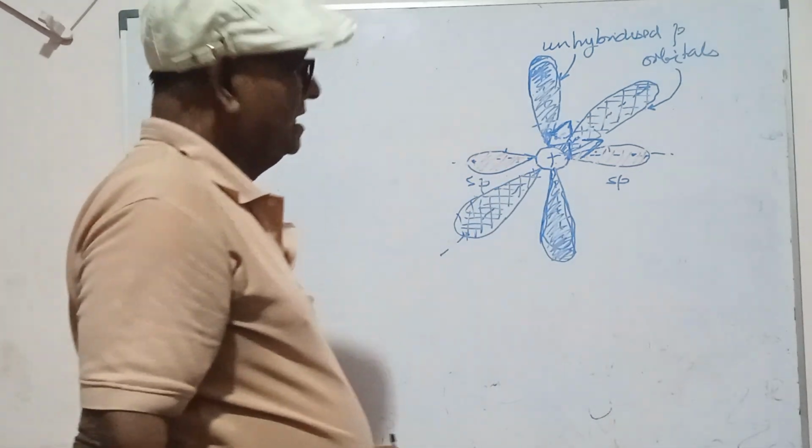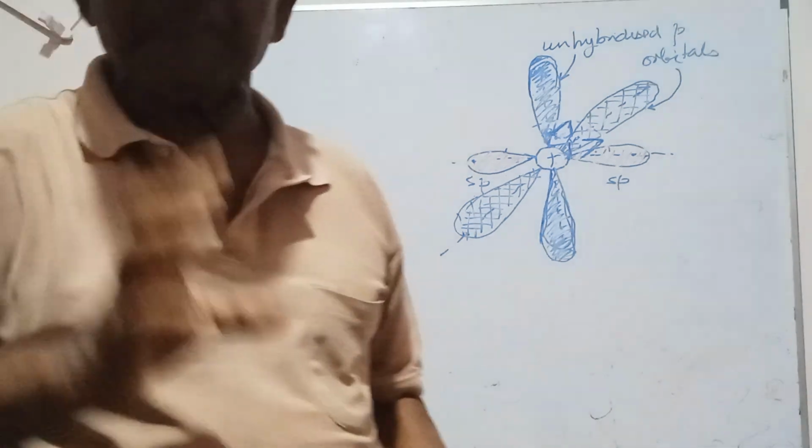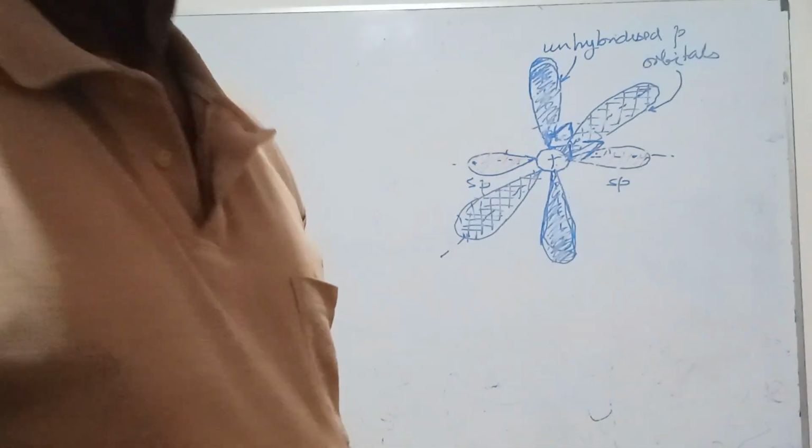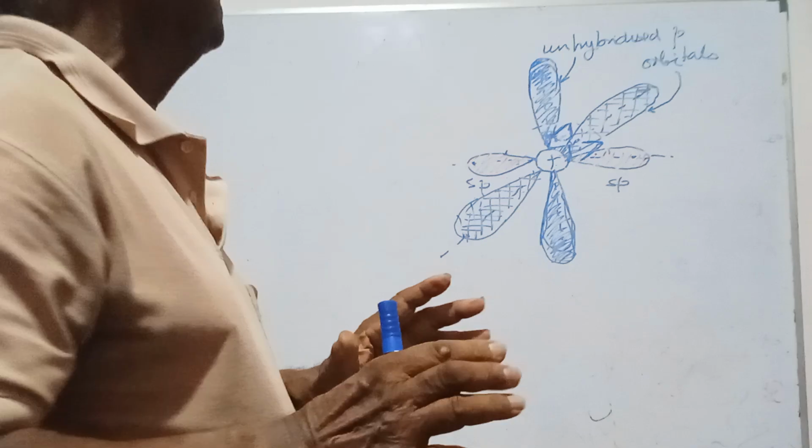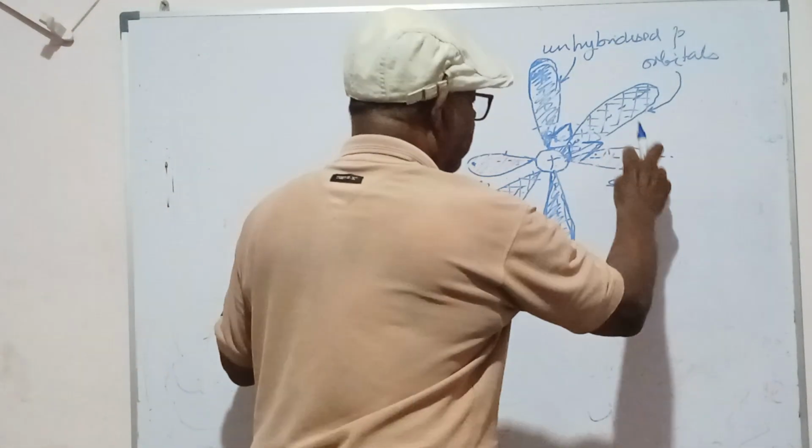Then, do you remember, for the formation of sigma covalent bonds, only hybridized orbitals undergo.